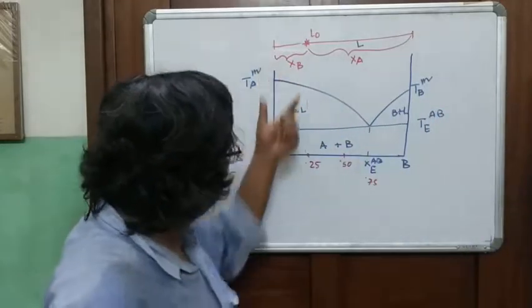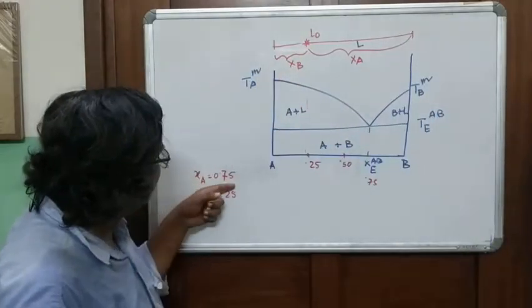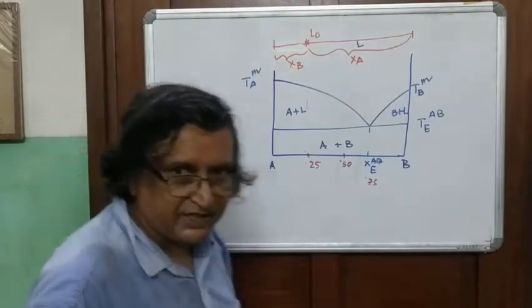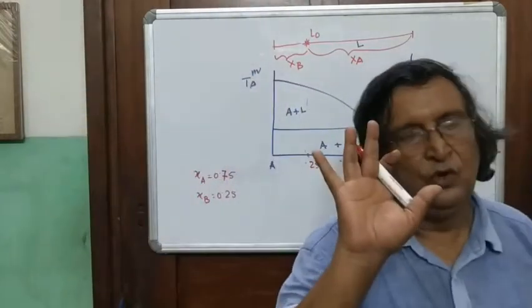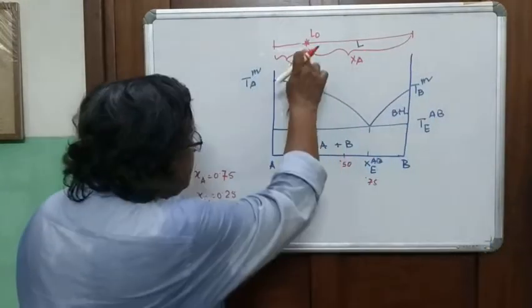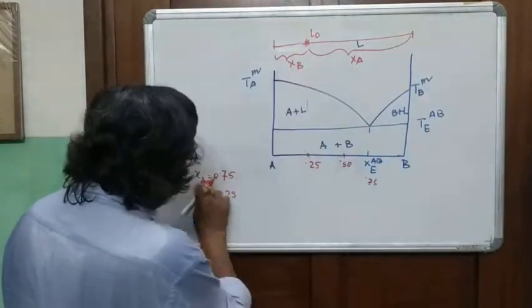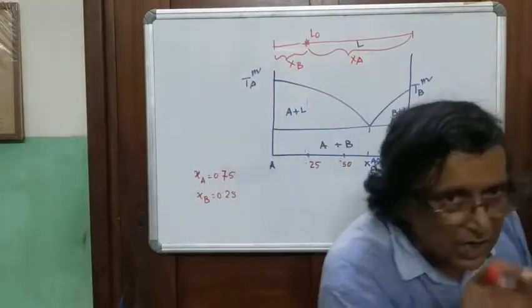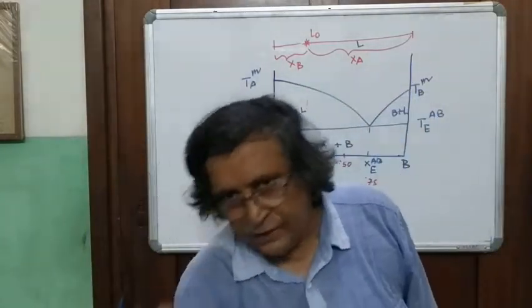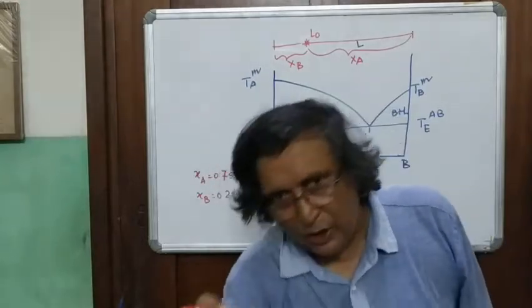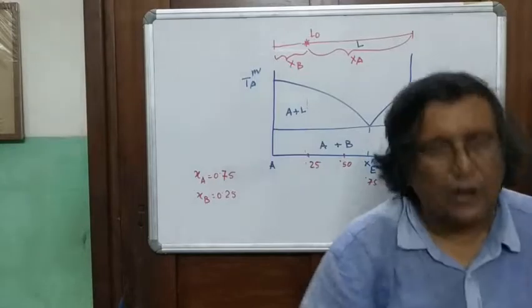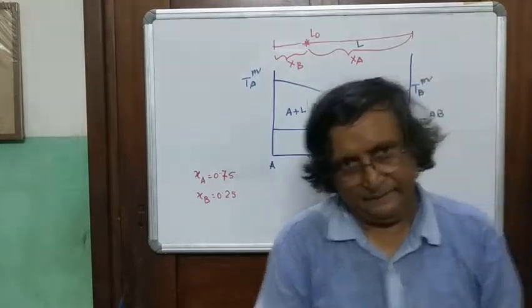This XA does not mean that it has 75% A mineral and 25% B mineral. No. The point is, in a melt here, XA is 0.75. That means a melt component is A, whose composition has a particular proportion.